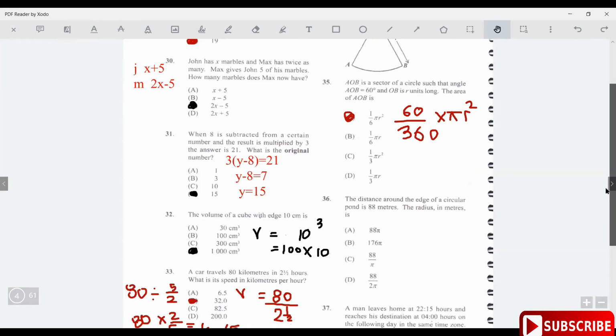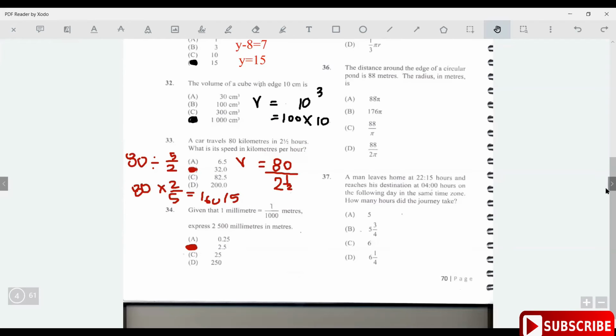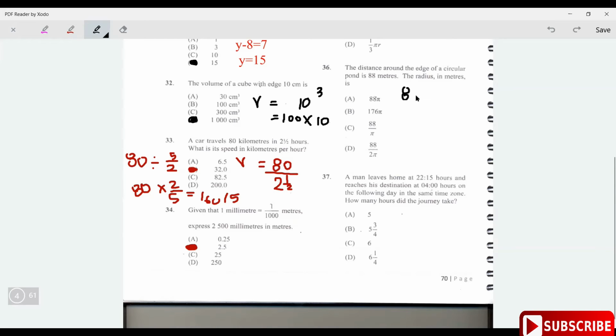Question 36. It says the distance around the edge of a circular pond is 88 meters. The radius in meters is, so the distance around is the perimeter. Perimeter is 88. Now, how do we find perimeter? Perimeter is equal to 2 times pi times r.